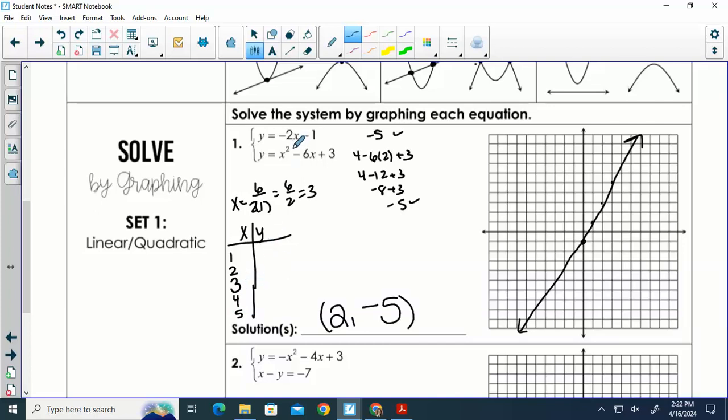So if I put in a 1, negative 2. If I put in a 2, 7 minus 12 is negative 5, 3.